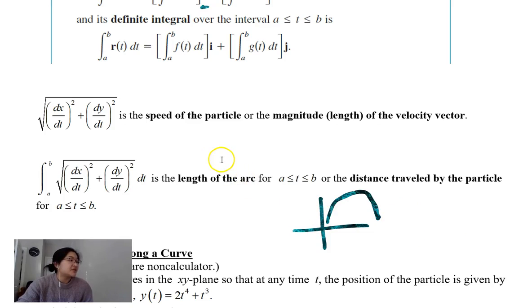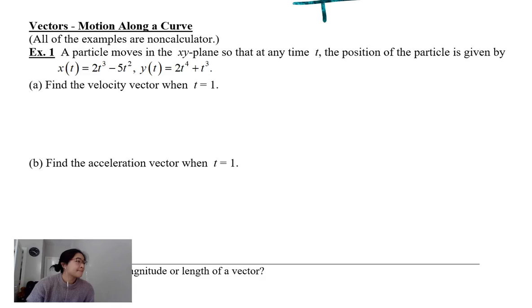So there's that. Let's look at some examples. We have a particle, and we're given its x and y components. That's the position of our particle. So how do we find our velocity? We need the derivative of our x and y components, and then we evaluate at time t.